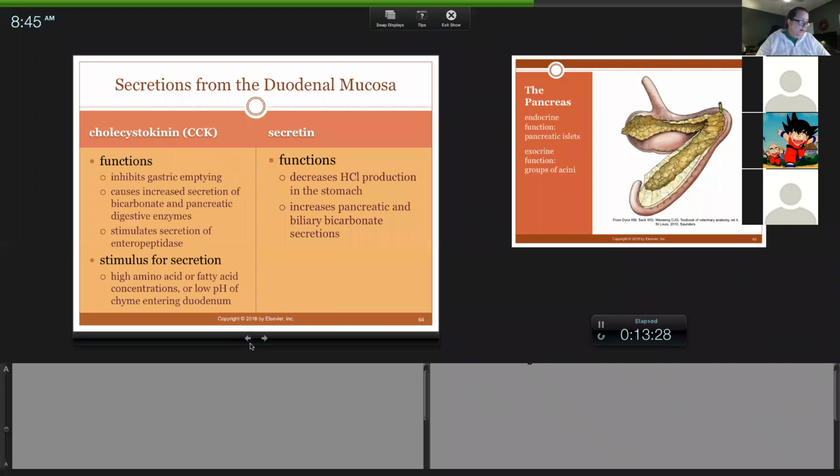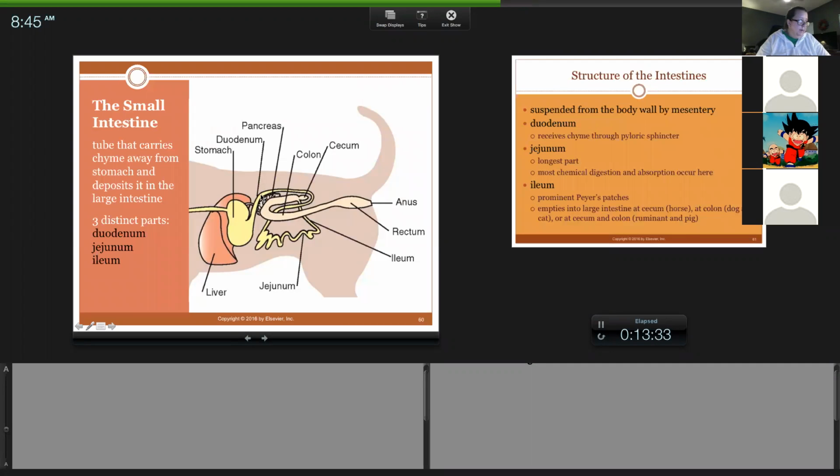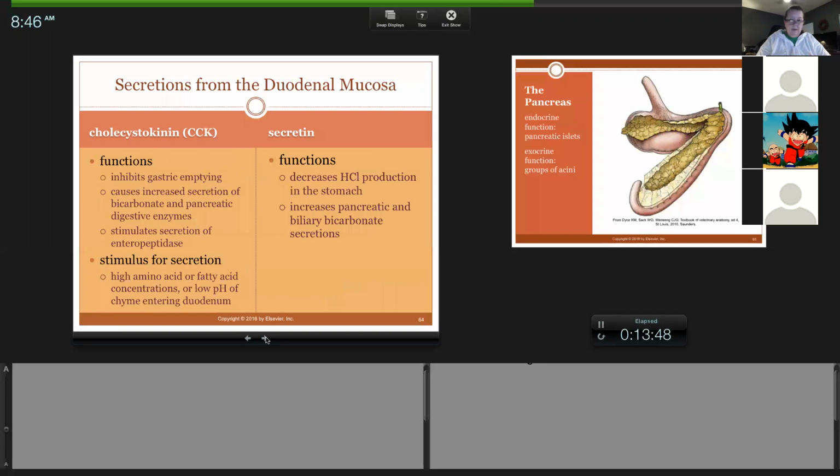Now, let me go to this picture for a second. I'm going to be talking about the duodenum. Remember, I said let's think about the stomach and food, or chyme, moving to the intestine as like an assembly line. And sometimes things need to be slowed down. So the duodenal mucosa, basically the lining of the duodenum, can secrete cholecystokinin and secretin.